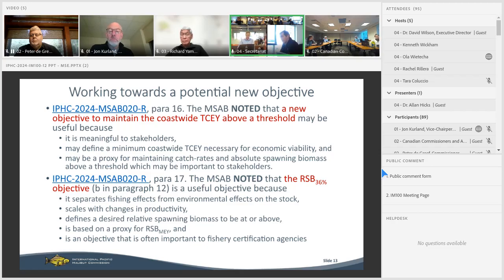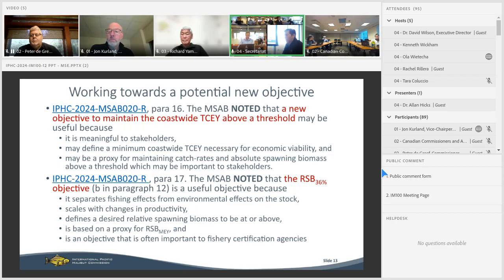They thought that this might be useful because, one, it's meaningful to stakeholders. Obviously, TCY has a lot of meaning to stakeholders. It may be possible to define a minimum TCY that would be necessary for economic viability of the fishery. I've seen this done with other fisheries. And it may be a proxy for maintaining catch rates and absolute spawning biomass above a threshold, which could also be important to stakeholders.